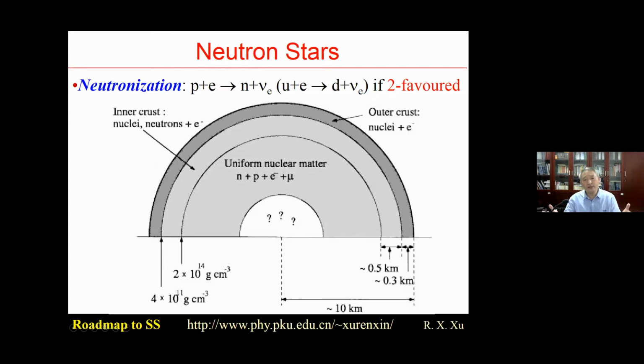This is very simple. So if you just think about the two flavors, up and down, this weak interaction is equivalent to the quark level conversion. Up quark is converted to down quark. So this is the two flavor case.